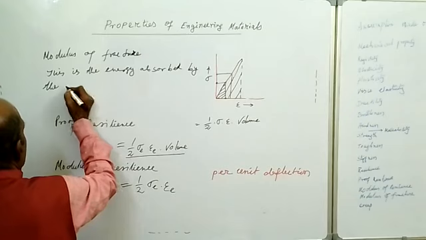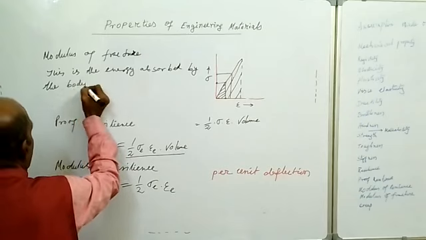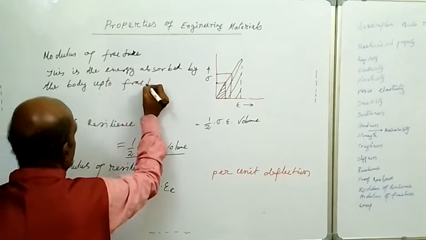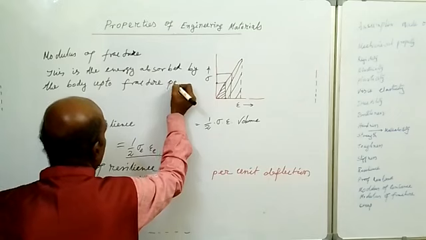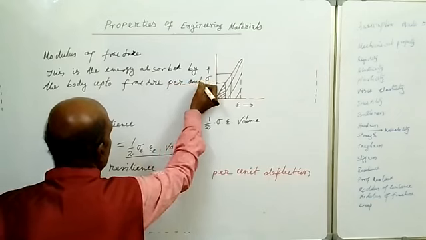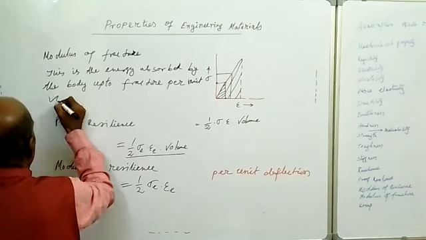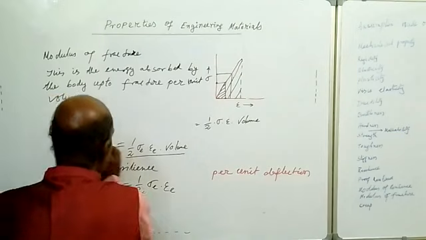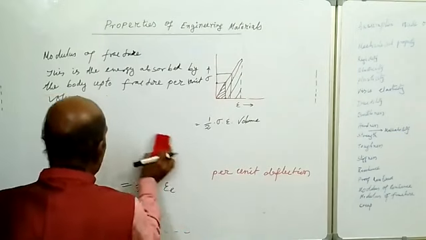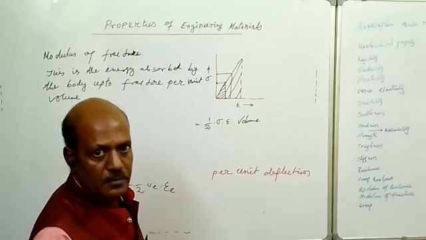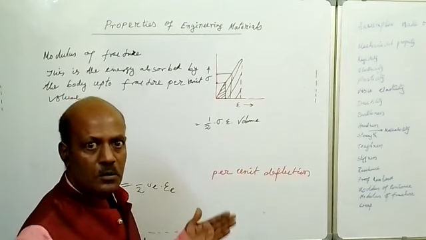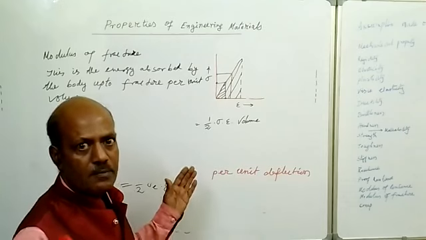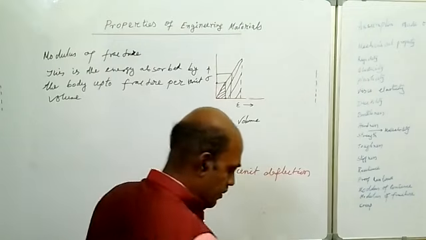This is given by the area under the stress strain curve up to the failure point.